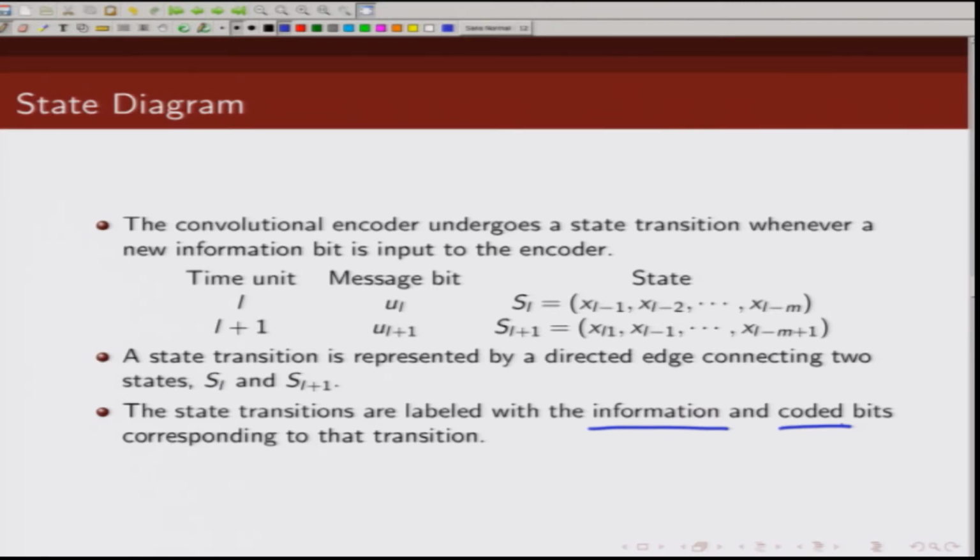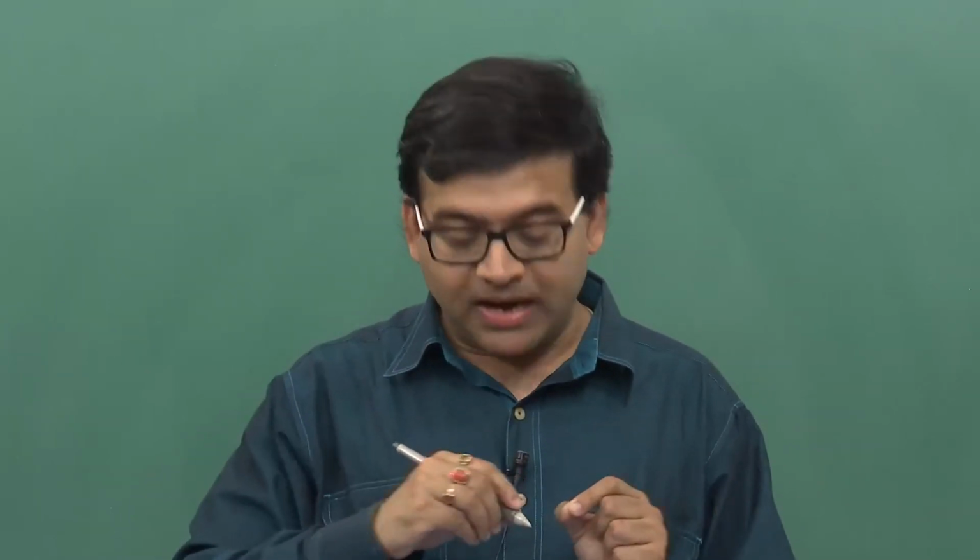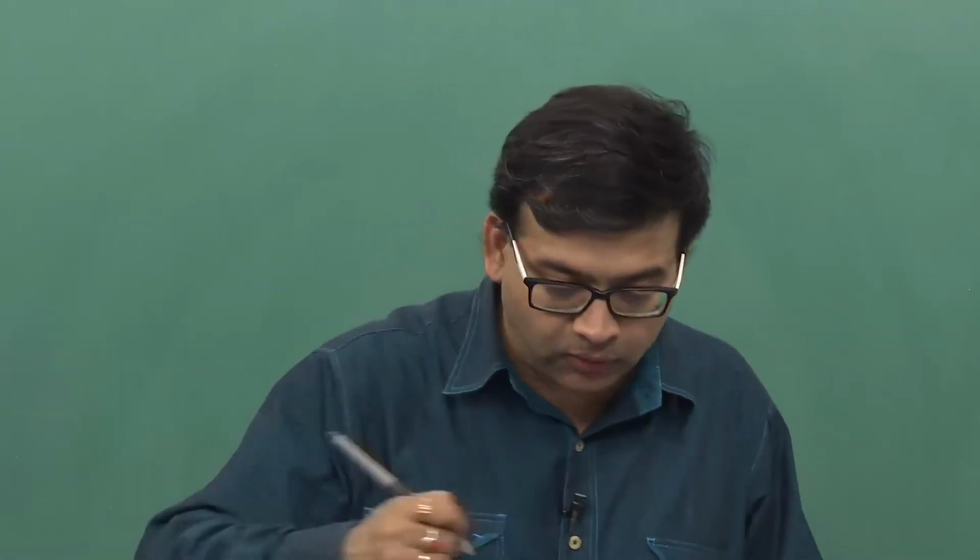So, let us say there is an information bit 0 which causes you to move from state 00 to state 01. Then we will draw a directed edge from state 00 to state 01, label it by the input which is 0, and also write the corresponding output. That is how we label all these state transitions, and in a state diagram we are essentially enumerating all possible transitions corresponding to all possible states.